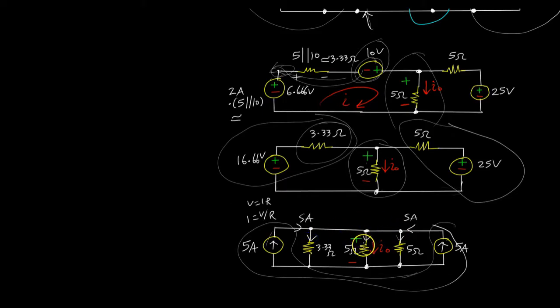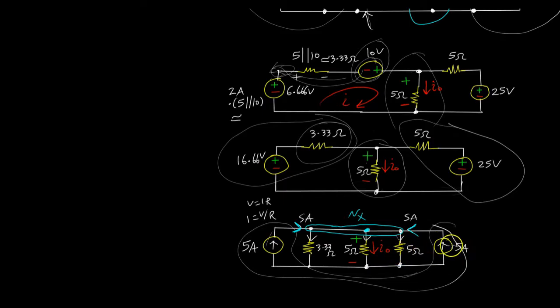So we're going to combine them, and a small proof for why that's okay is that this is all the same node. You can imagine that if this whole thing is the same node, we can call it Vx, and you have 5 amps going this way, 5 amps going in this direction.